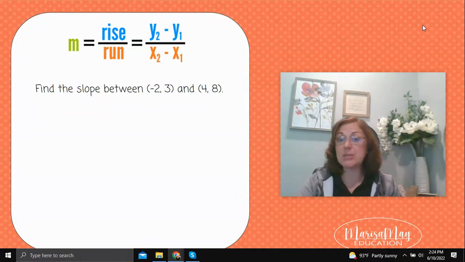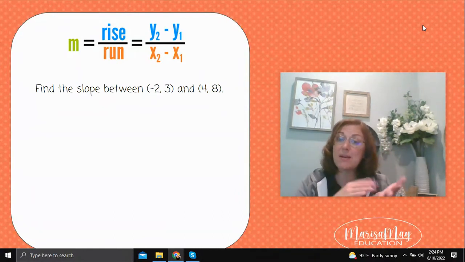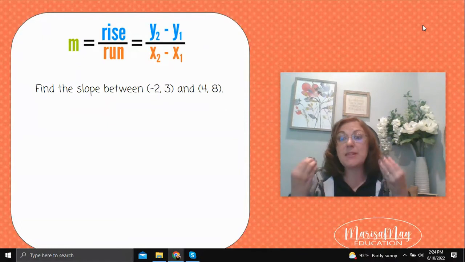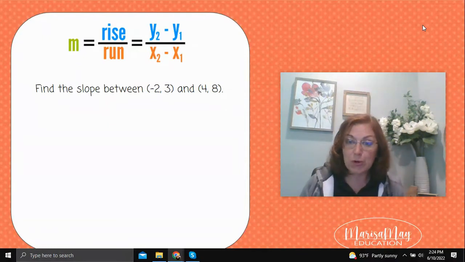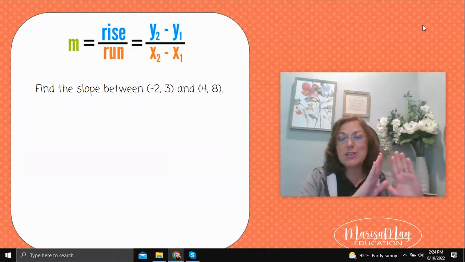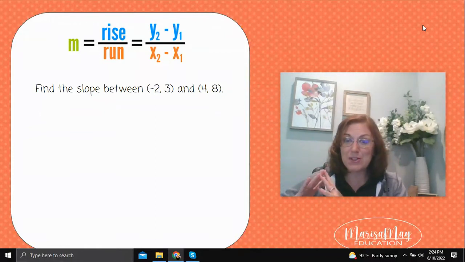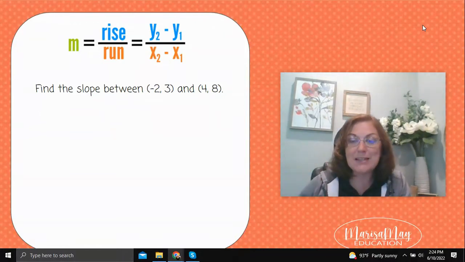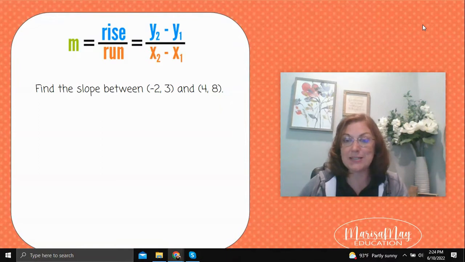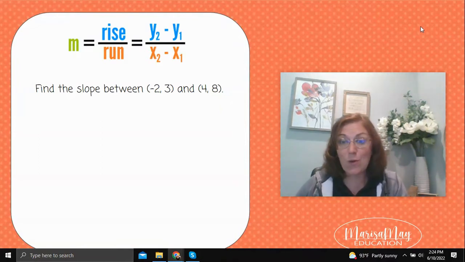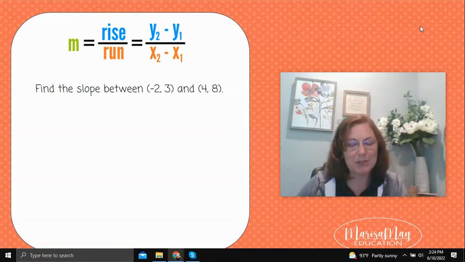Now let's change gears and look at how I find the slope if I'm given not a graph, but this time a set of ordered pairs. So we're going to use the far right part of this formula, where we're looking at y2 minus y1 over x2 minus x1. You may ask yourself, where do I get that y2, y1, x2, x1? I'm glad you asked.